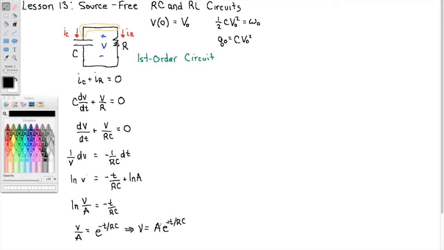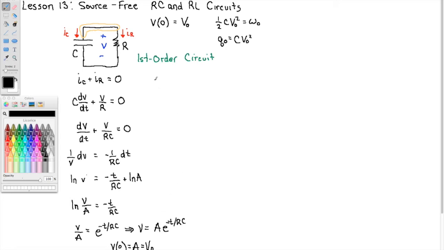Now we're not quite done yet. We need to figure out what is this constant. Well, remember, our initial condition was that at time 0 we had a voltage V0. So if I plug in 0 for this function of time, e to the 0 is 1 and I'm left with A. That must agree with our initial condition V0.